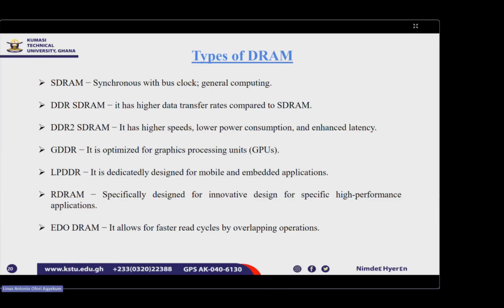The first one where you have SRAM, we are talking about static RAMs. And we talked about the fact that the static RAM has several examples which we looked at. Now we are looking at the dynamic RAM and its types. So the first one is the synchronous dynamic random access memory. Is that okay, Edwin? Yes, please. Okay.